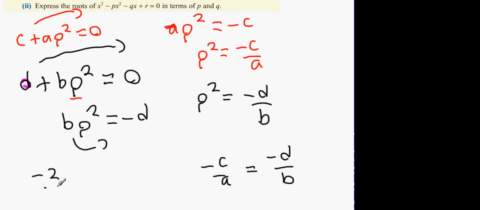The same thing as minus 2/3 equals minus 4/6. Take away the minuses and you'll get plus 2/3 equals plus 4/6. It's the same logic. Multiply both sides by minus 1, gets rid of the minuses, and you get C over A equals D over B. Cross multiply, BC equals AD. Exactly what I was asked to do.